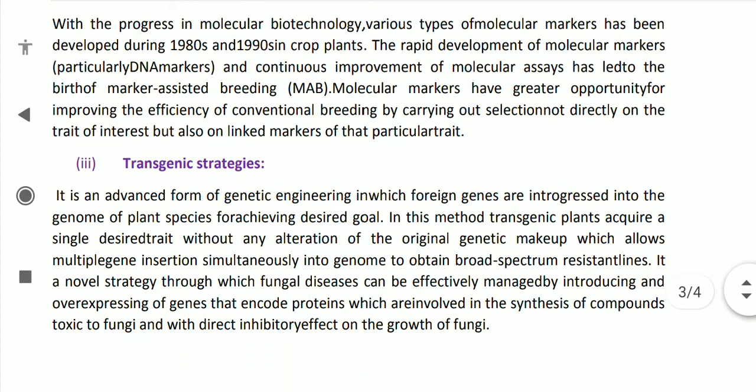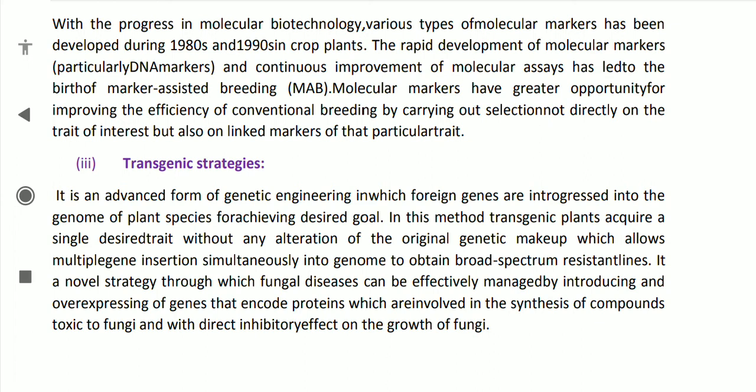Next is transgenic strategies. It is an advanced form of genetic engineering in which foreign genes are introgressed into the genome of plant species for achieving desired goals. In this method, transgenic plants acquire a single desired trait without any alteration of the original genetic makeup, which allows multiple gene insertions simultaneously into the genome to obtain broad spectrum resistance lines.